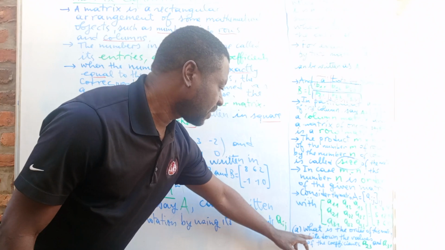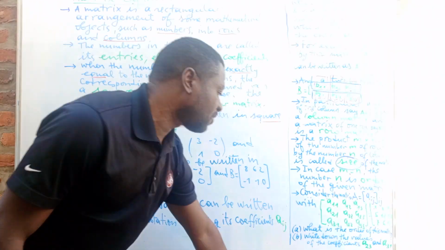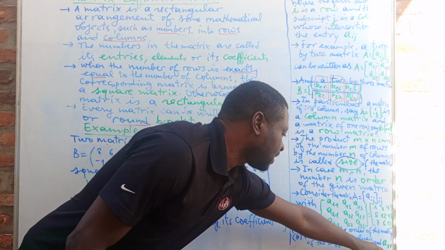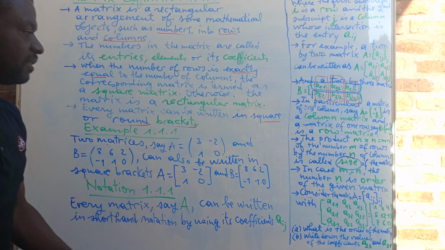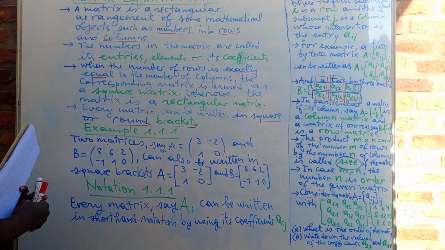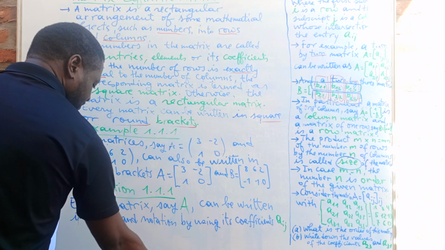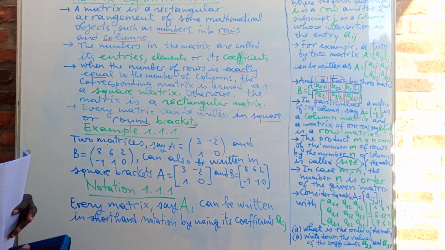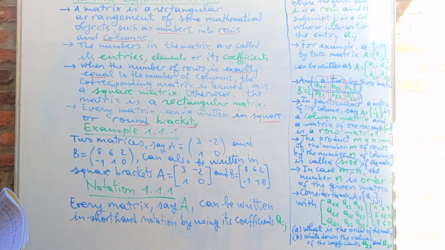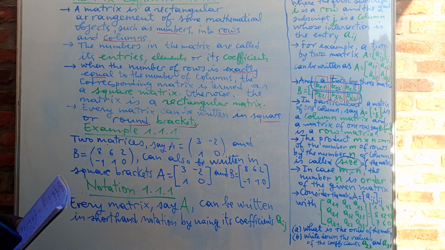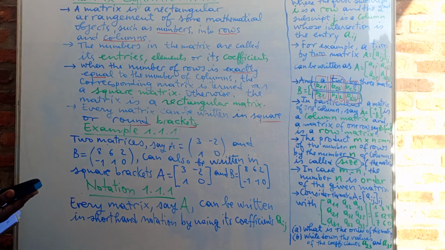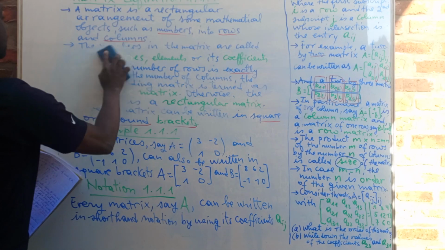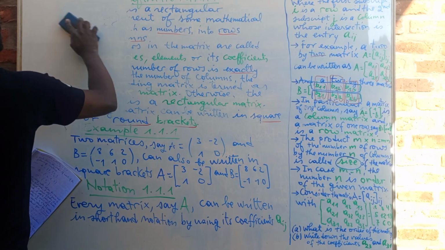Then write down the values of the 2 coefficients, A23 and A31, for this matrix. This is what we are going to talk about now, and after that we have an activity to be done.